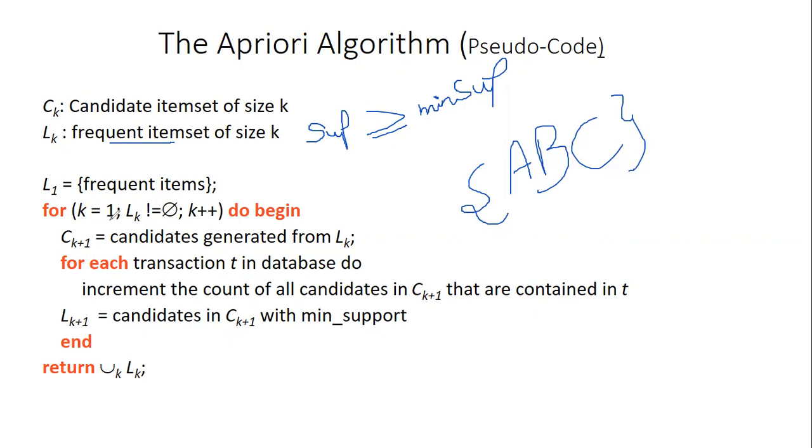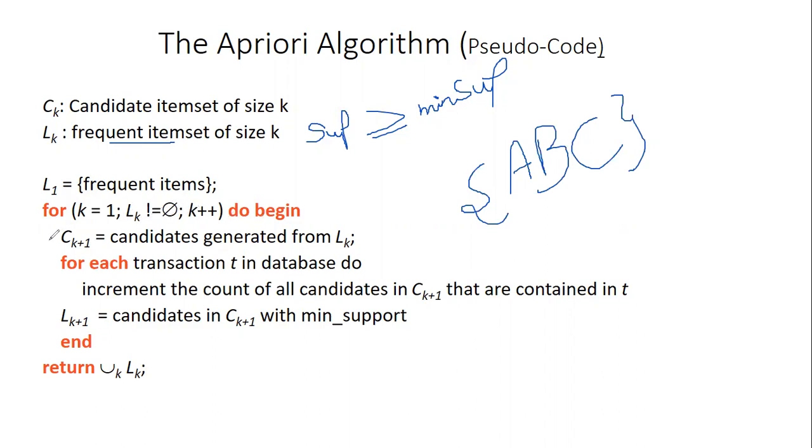So k equal to 1, Lk not equal to null. That means the upper limit of k, that is Lk, L3, L4. So k is equal to 1, L1 is not equal to null.